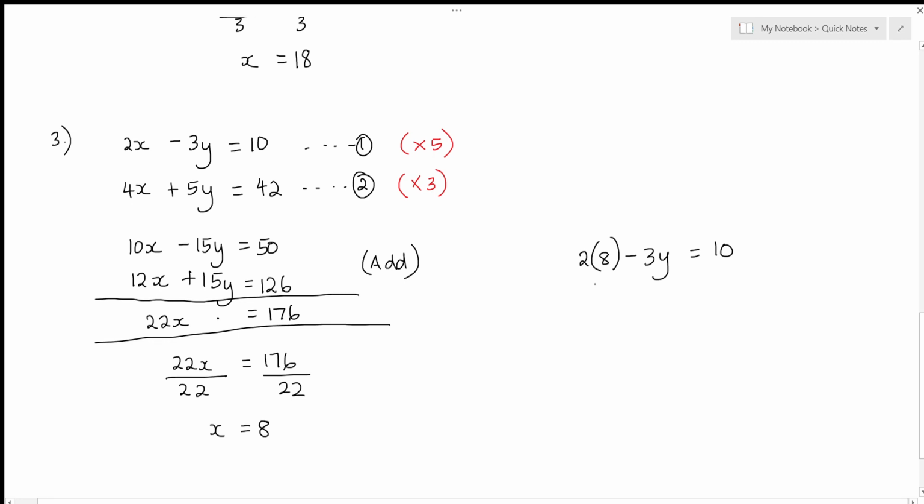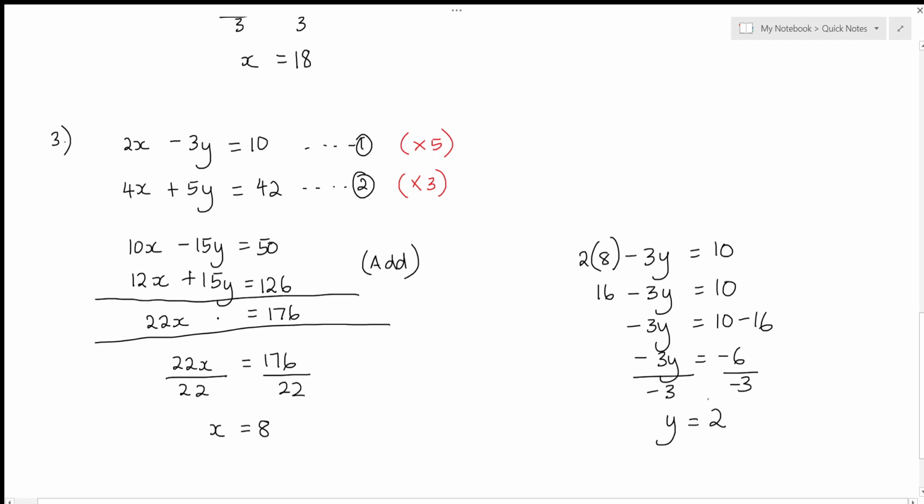And 2 times 8 is 16, minus 3y equal to 10, and minus 3y is equal to 10 minus 16, and minus 3y is equal to negative 6, and we divide both sides by negative 3. And therefore y is equal to 2.